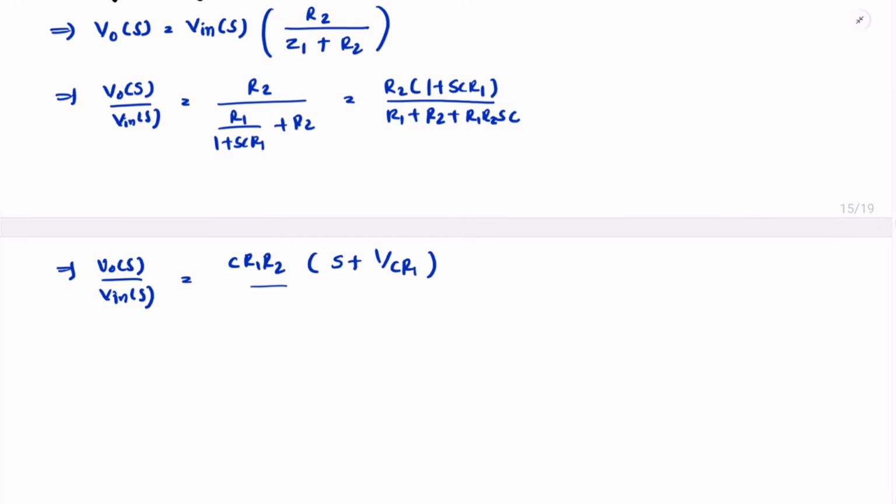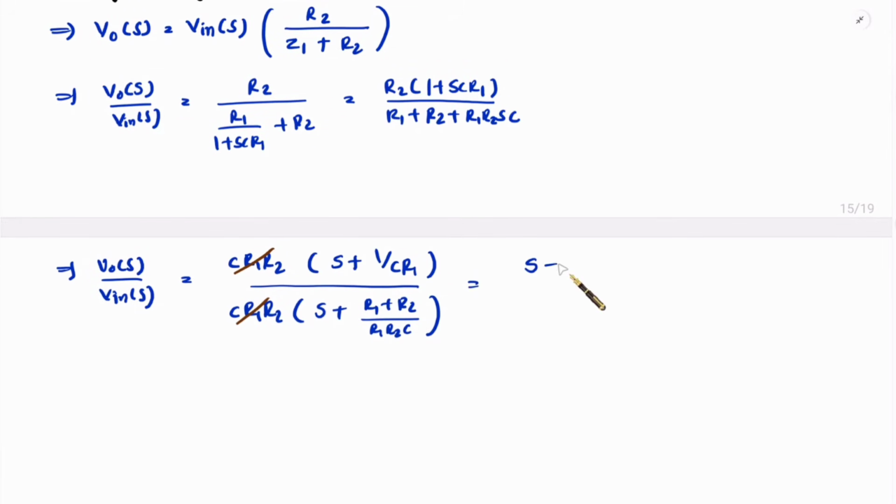And if you observe the denominator, from the denominator we can take R1 R2 C common. So we will have S plus R1 plus R2 divided by R1 R2 C. Now you can observe this is getting cancelled and we need to simplify this further.